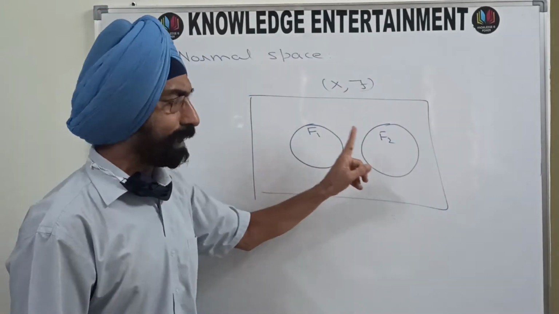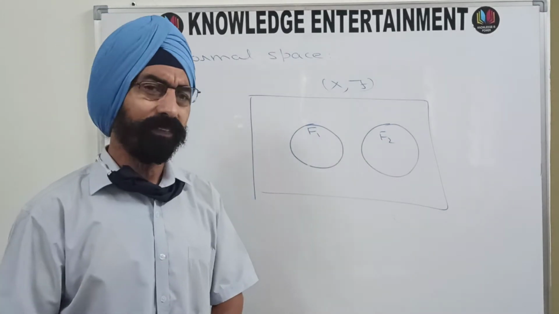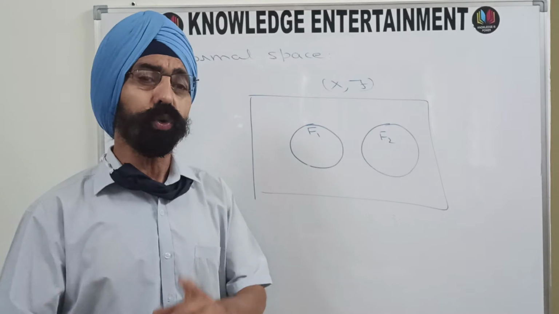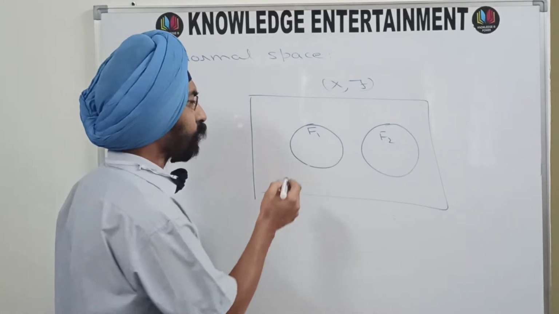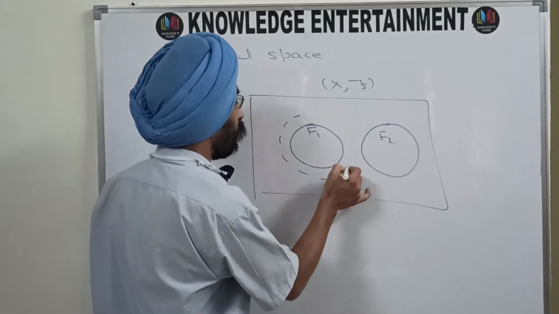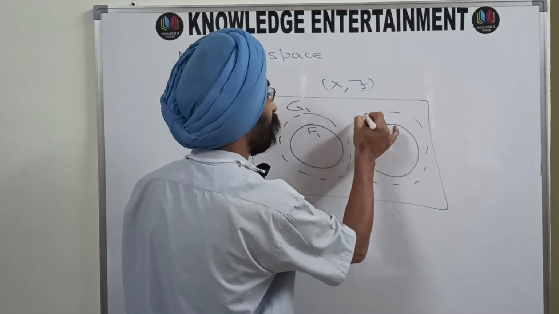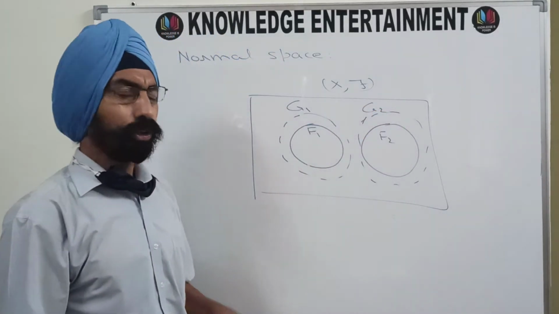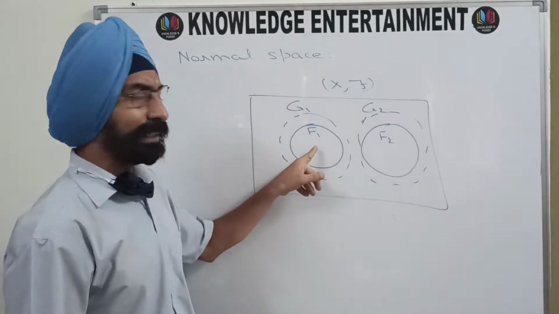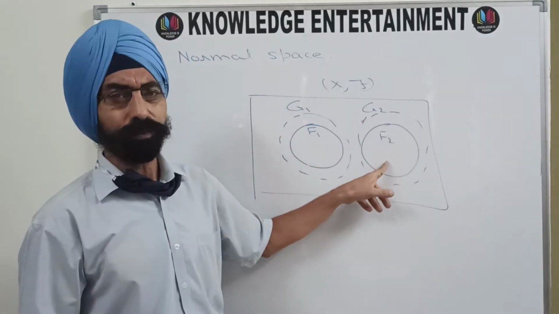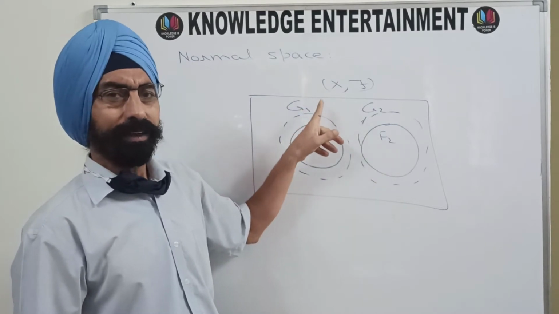For any two disjoint closed sets F1 and F2, if you can find two disjoint open sets, suppose G1 and G2, disjoint open sets G1 and G2 such that G1 contains F1 and G2 contains F2, then it will be a normal space.